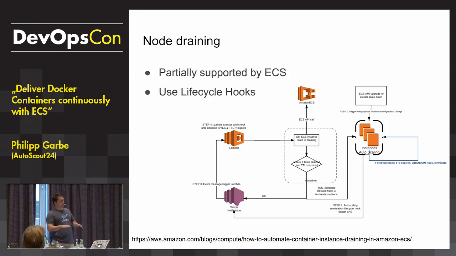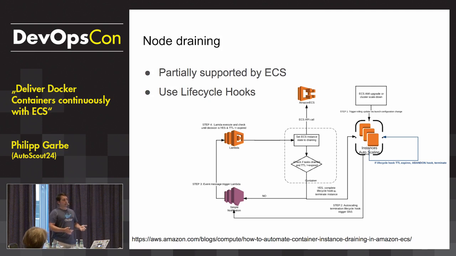The other thing you have to deal with is node draining. Node draining is needed if you want to replace the host, because you want to install or get a new machine with the newest updates, for example. ECS knows about node draining, and you can tell it, okay, please drain that node.